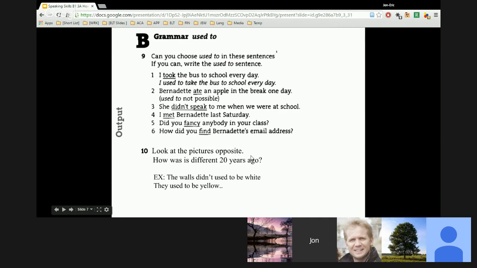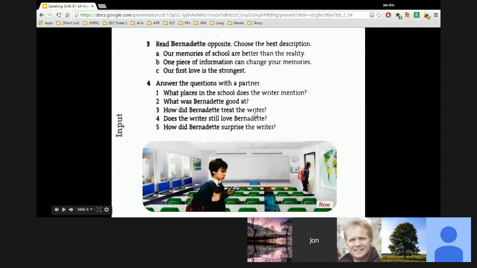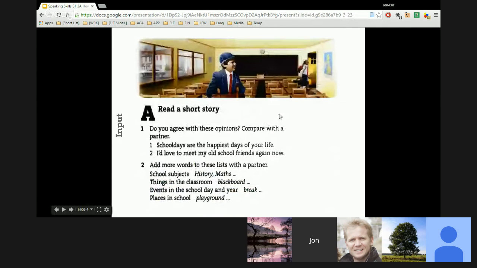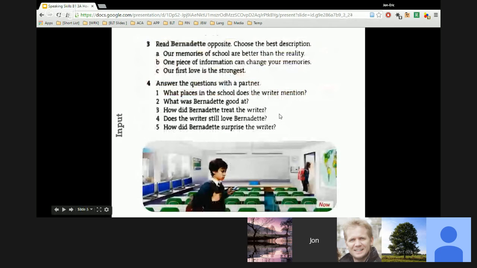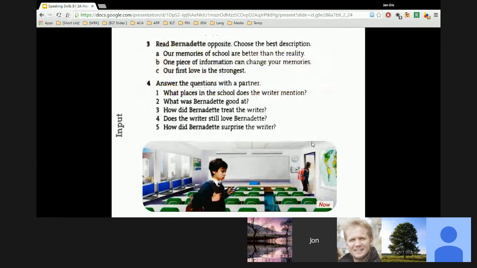For example, let's take a look at these pictures, and I want you to give me your answers. In some cases, there'll be a used to. In some cases, there weren't. Here is 20 years ago on slide 4, and here is today in slide 5. Okay, look again. Slide 4, 20 years ago. Slide 5, today.